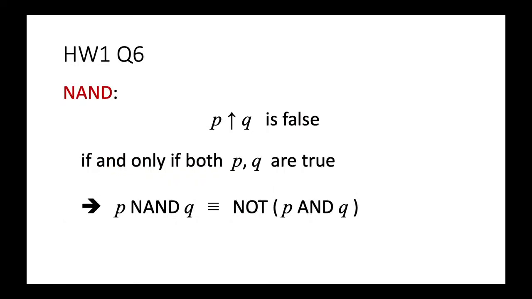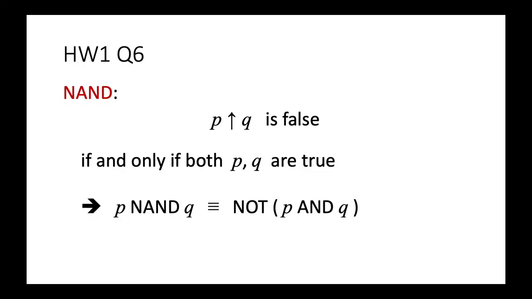Okay, now let us talk about question number 6. We define a new logical operator called NAND, N-A-N-D. The symbol is an up arrow. The definition of NAND is like this. Let's say you have proposition P and proposition Q. The operator P NAND Q is going to be false if and only if both P and Q are true.